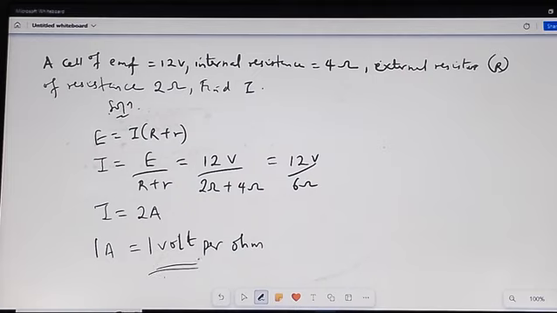Take note of this. 1 ampere is equivalent to 1 volt per ohm. So let me take this off, and maybe we can just check the very last one on this.